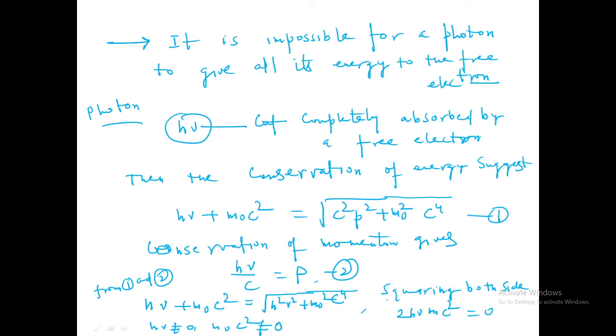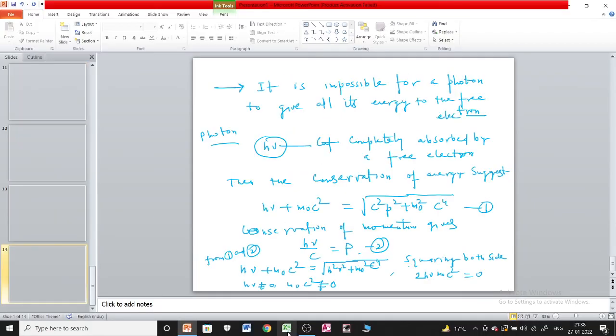So it is impossible for a photon to give all its energy to a free electron. Okay, so these were basic things which I have put forth before you. Thank you so much to all of you for showing your great patience.